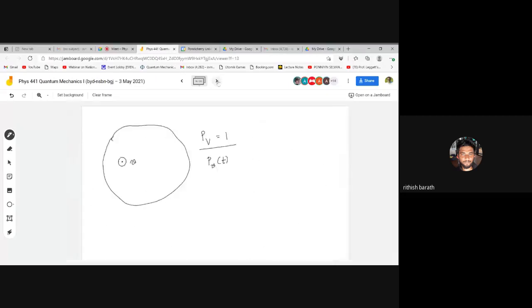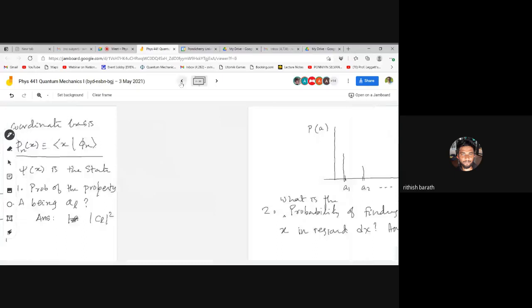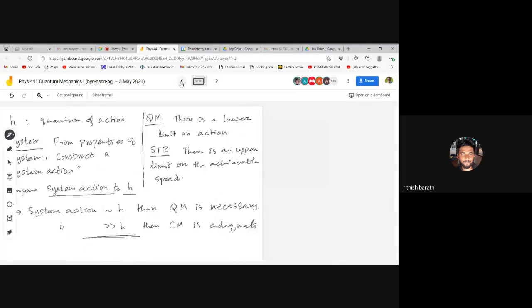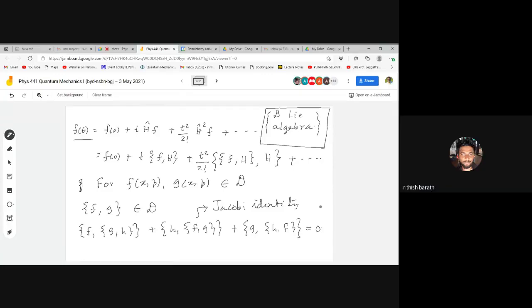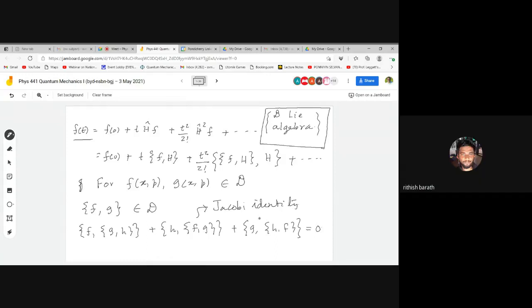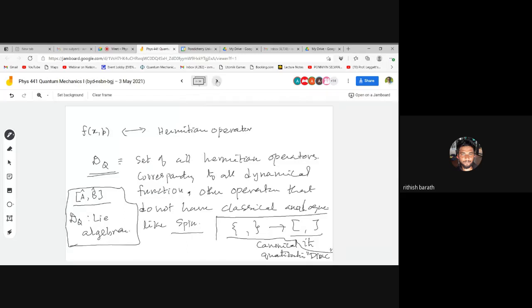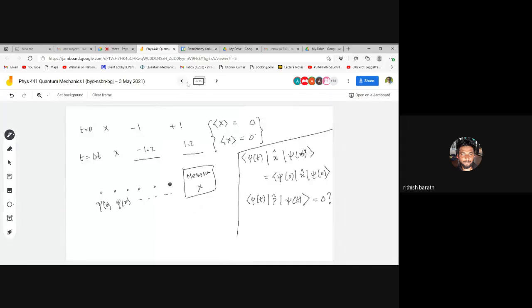Start again with the first page, because this Jamboard will allow you to write only 20 pages. Yes, the first page of the blackboard, sir. There, how you wrote that instead of H square, you wrote the Poisson bracket of FH comma H, sir. That one I was a little bit confused. The first step I understood. The second step I'm not able to understand, how you wrote the Poisson bracket FH comma H.